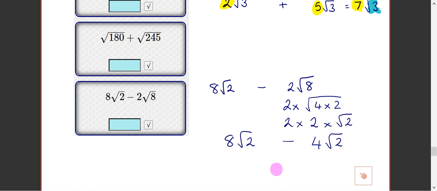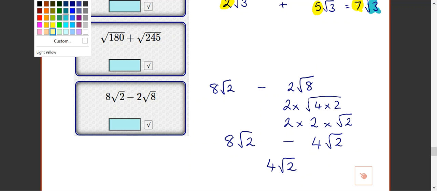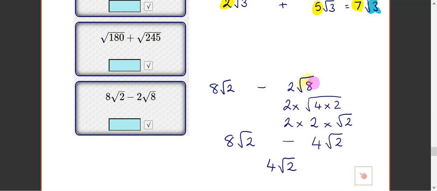So the final answer is 4 root 2s. Just in case you're a highlighter user, the root 8 became root 4 times 2, which became 2 root 2. Just in case you're wondering why there's suddenly a 4.